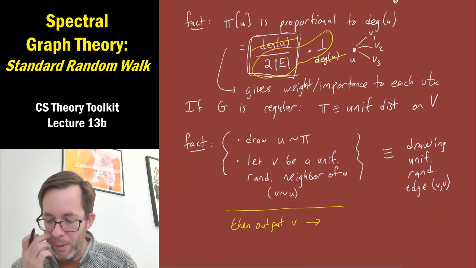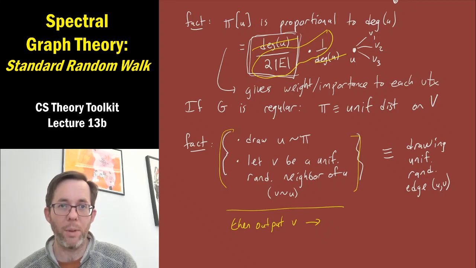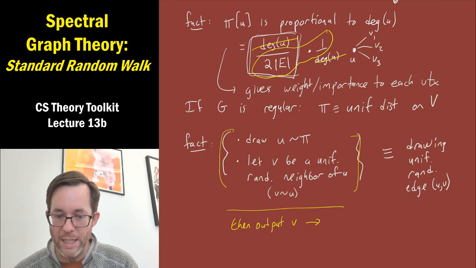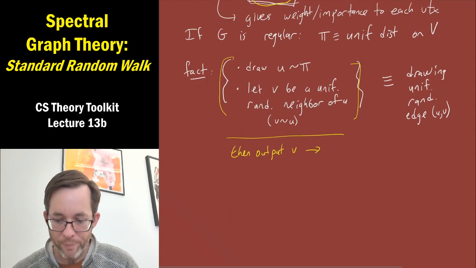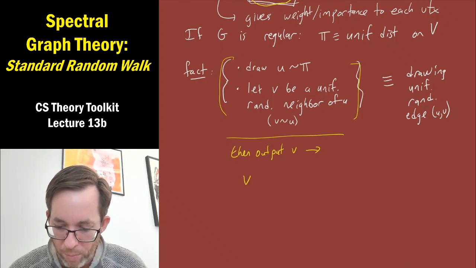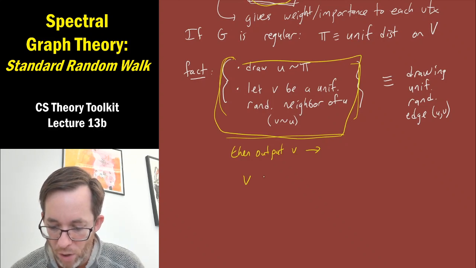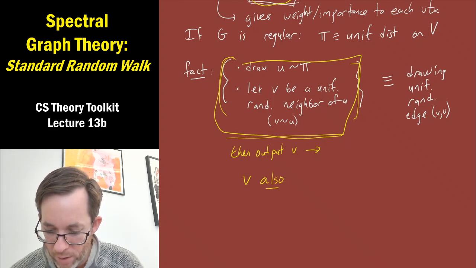Going back here, effectively we get a uniformly random edge, and then if we output its terminus, we get v. So all of which is to say, this is a key property: v, output by this little procedure in this box, is also distributed according to pi.